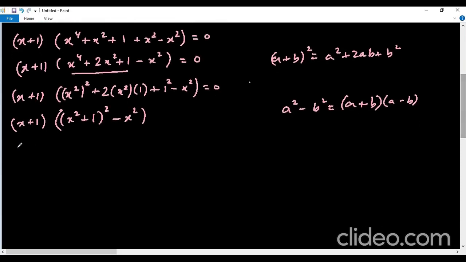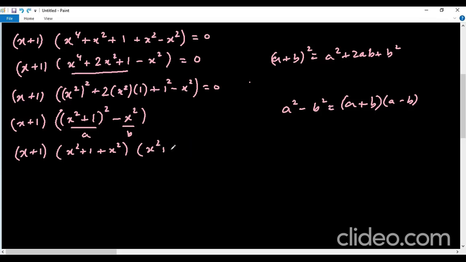When it comes to the next step, it's going to be x plus 1, and here I know very well this whole thing is a and this whole thing is b. Consider this one as a and this one as b. So I will write in the form of a plus b and a minus b. So I will write x square plus 1 plus x square, and the second one is going to be x square plus 1 minus x square.